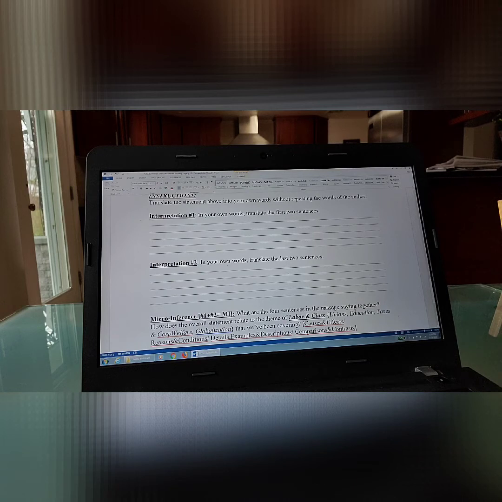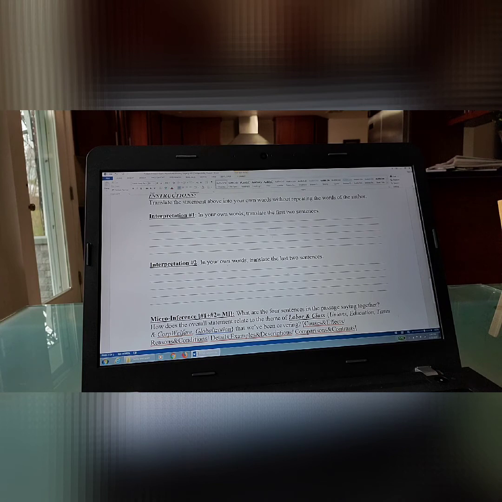Now, with interpretation number one, I don't necessarily have internet access here. I would have to move somewhere else to do that. But with interpretation number one, I have that labeled on the other sheet. If you go to that, it actually says Word.